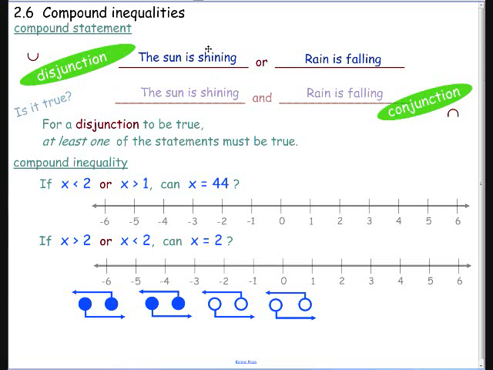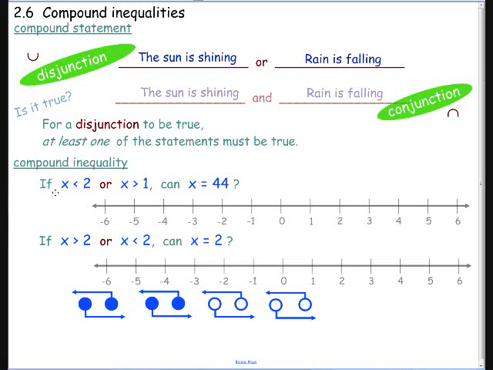Now, logically, when we think add, we don't think or, do we? But in conjunctions and disjunctions, the intersection, where they both have to be true, is the and. The union, where either one of them can be true, is the or.